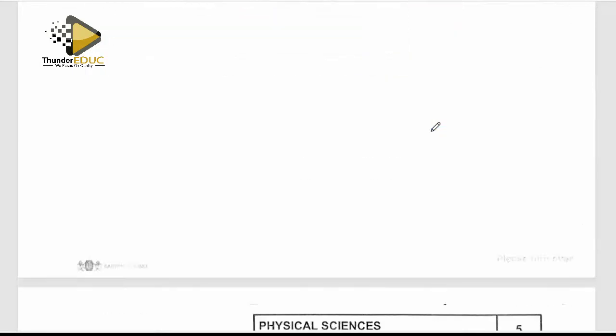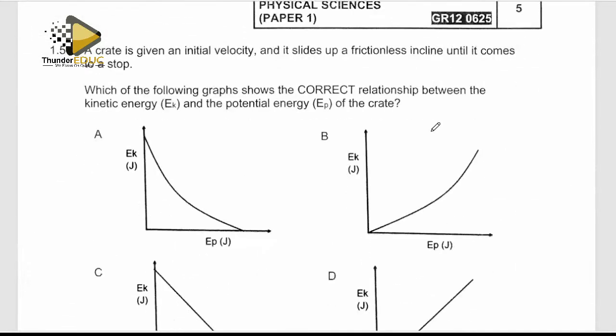And then 1.5 they are telling us that a crate is given an initial velocity and it slides up a frictionless incline until it comes to a stop. Which of the following graphs shows the correct relationship between the kinetic energy and the potential energy?